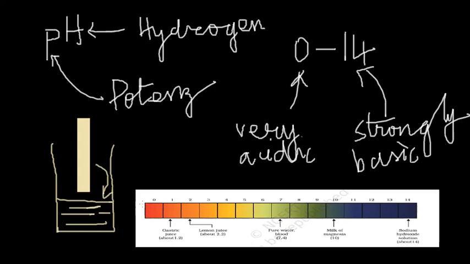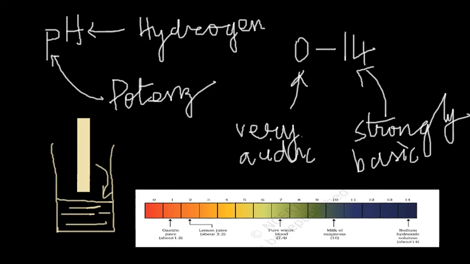If the pH value is 0 or 1, that is if the color in the pH paper is too much red, then we can say that the solution is a strong acid. While if the pH value is 13 or 14, then we say that the solution is a strong base.